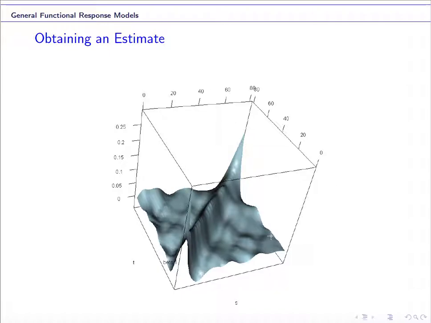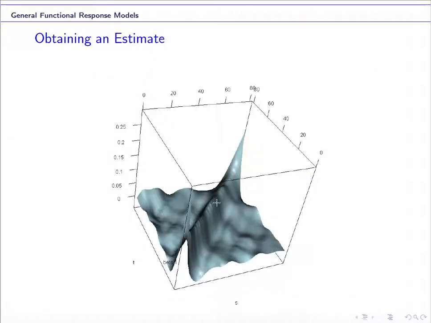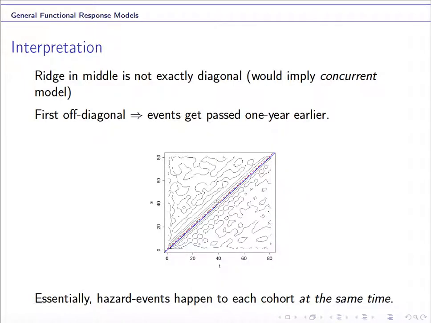So this is the beta s of t, the bivariate coefficients. And here, this is a contour plot of this bivariate coefficient.